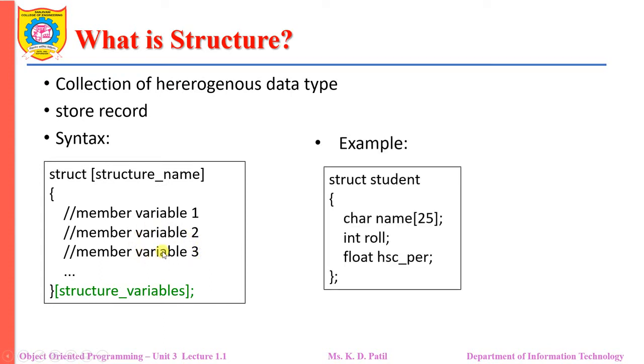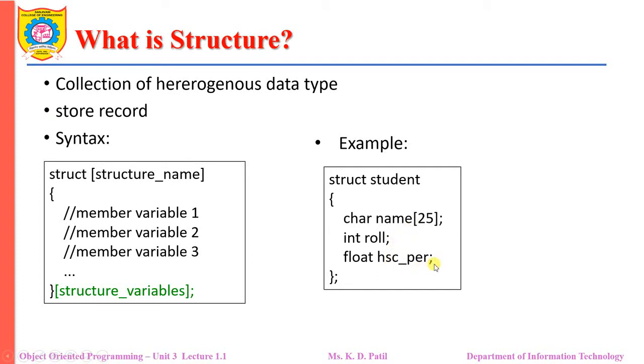Let me show you the example. Here I have a structure named student, which is declared and defined as struct student. Inside the opening and closing curly parentheses I have the members of the structure as name, roll, HSC percentage.